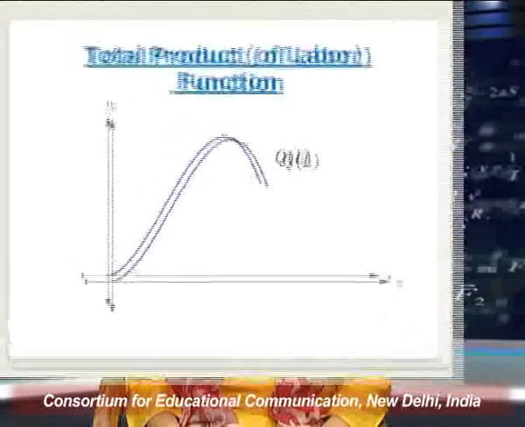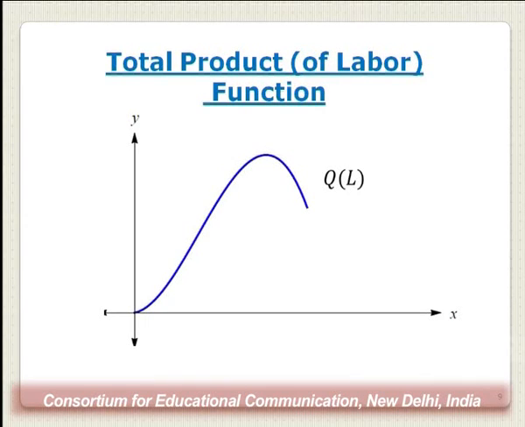Now let's take a look at another example. Again, I've used a cubic function to reflect what is known as the total product function, or the total product curve, which is something you must have studied in your basic microeconomic theory class. Here I've shown that total product first increases at an increasing rate, then at a decreasing rate. It reaches a maximum and then it declines.